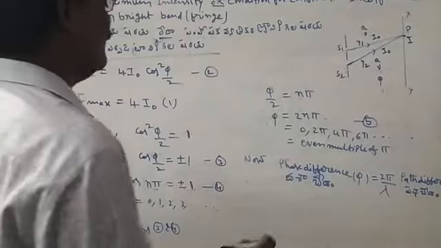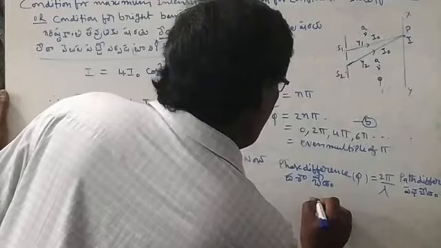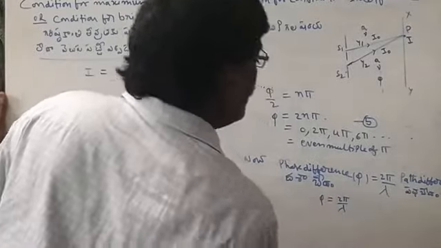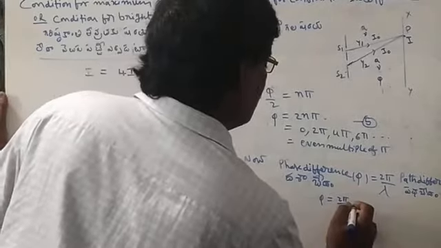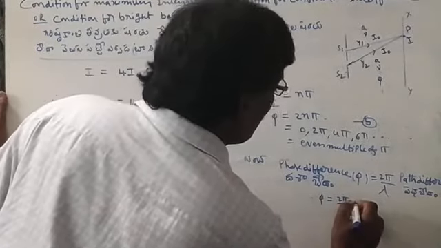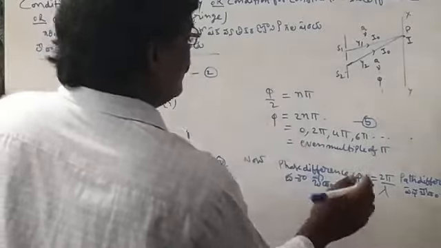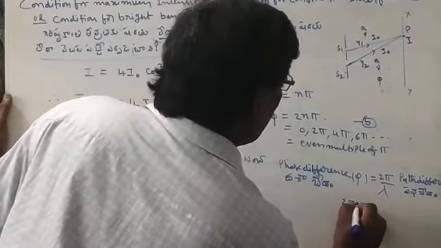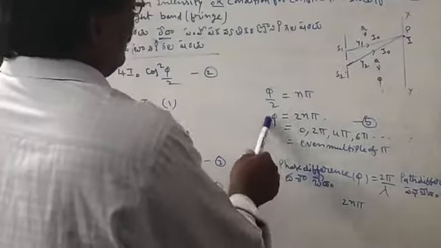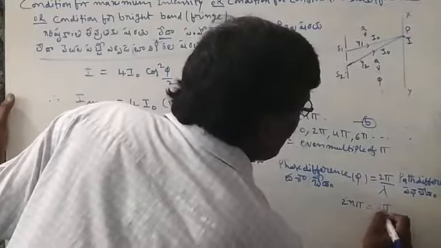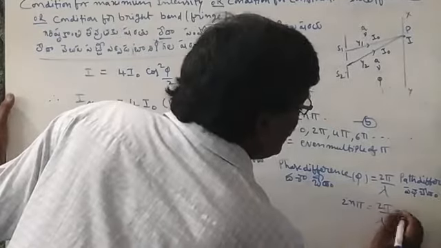That means phi is equal to 2 pi by lambda into path difference. Substitute the phi value: phi means 2n pi, which is equal to 2 pi by lambda into path difference.